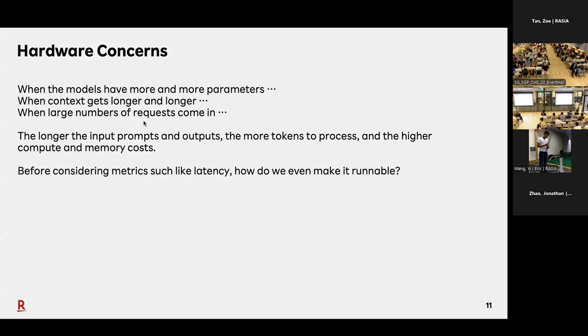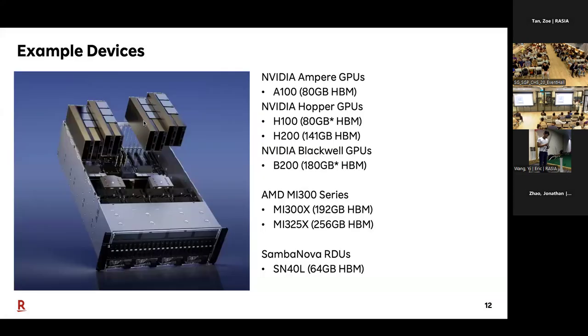So before considering metrics such as latency or throughput, let's see how we can make those large language models runnable. This is a nice picture I pretty much like, from NVIDIA. These are some example devices which people use for training as well as inference. Most of the time you might use NVIDIA GPUs.